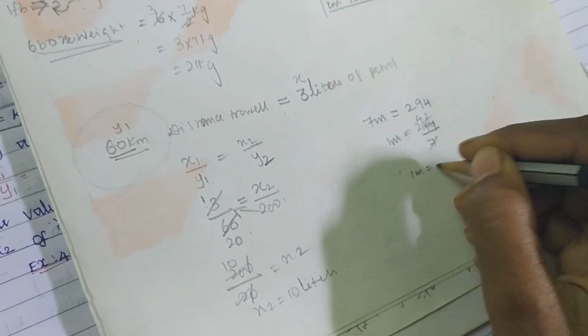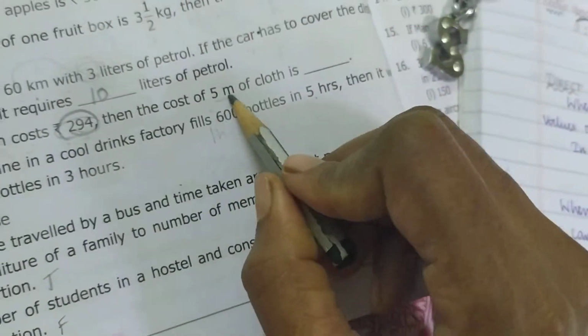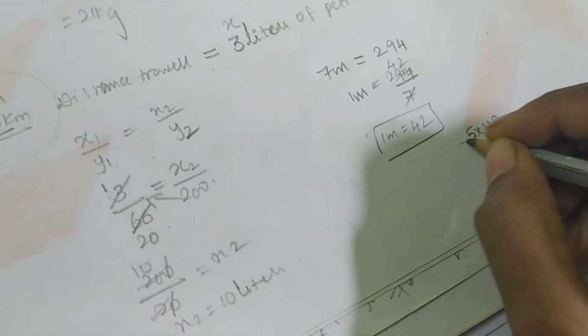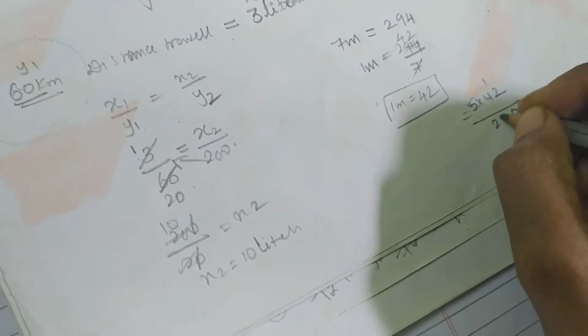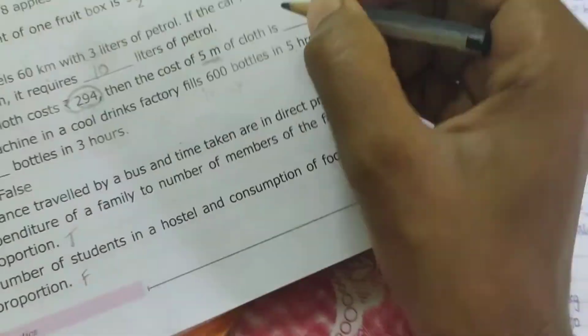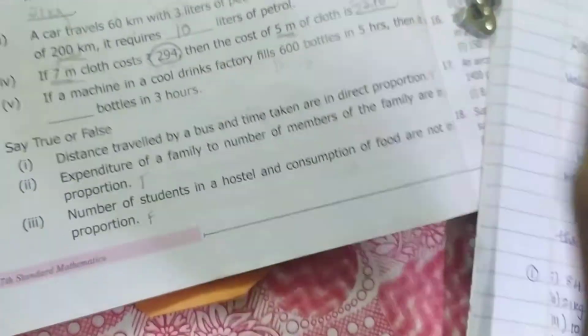So 1 meter is rupees 42 for cloth. So what are they asking? 5 meter cloth. So 5 into 42, how much will it come? 5 2s are 10, balance 1, 20, 21. So 5 meter cloth is rupees 210. Are you clear? If you know 1 meter cloth only, you can find out.